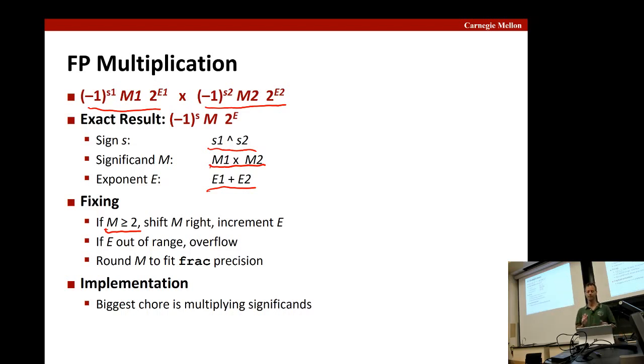By shifting to the right, we're dividing by 2, and by incrementing e, we're multiplying by 2, so it's the same number. Now, if the exponent is out of range, then we have to signal overflow, positive or negative infinity. And then the fractional part, after the shifting, we want to truncate to the right number of bits, and we want to do that in a way that respects our rounding rules. Okay? All right, good.